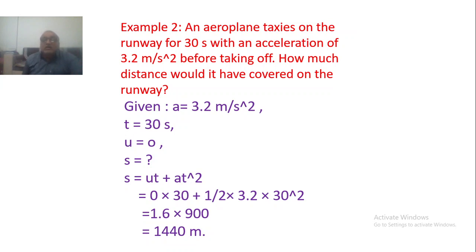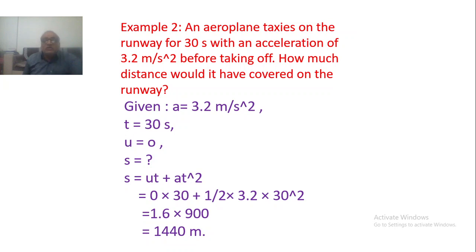Time taken is 30 seconds. Initial velocity of the aeroplane is 0 initially, therefore u is equal to 0. We want to find the distance covered on the runway, that is s is equal to question mark. We use here the second kinematical equation, s is equal to ut plus half at square.